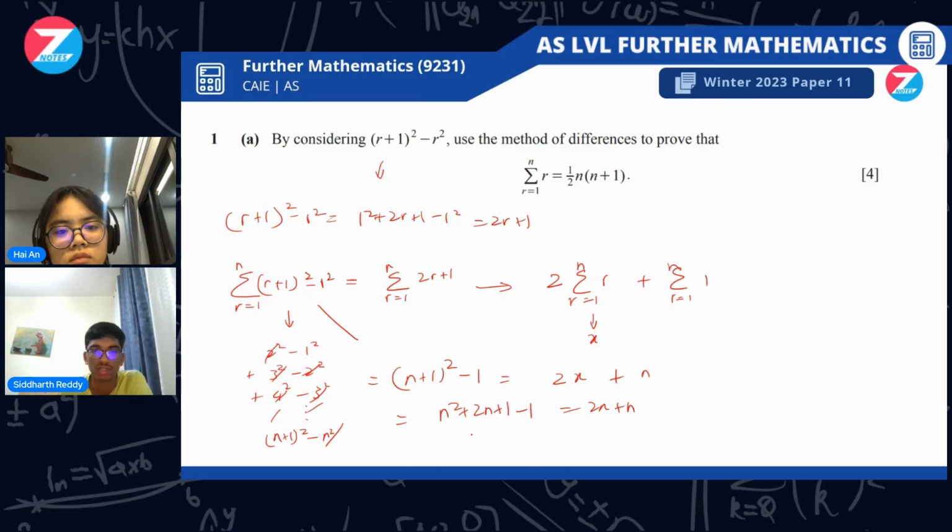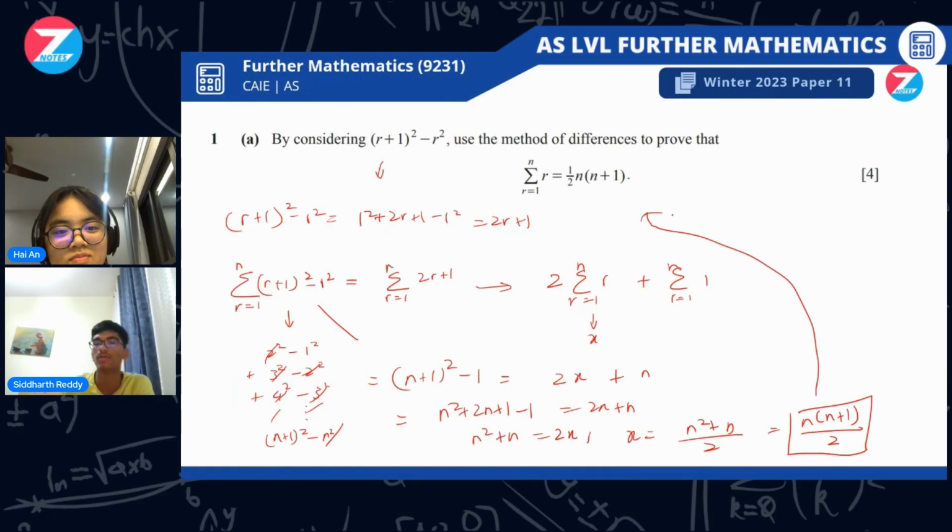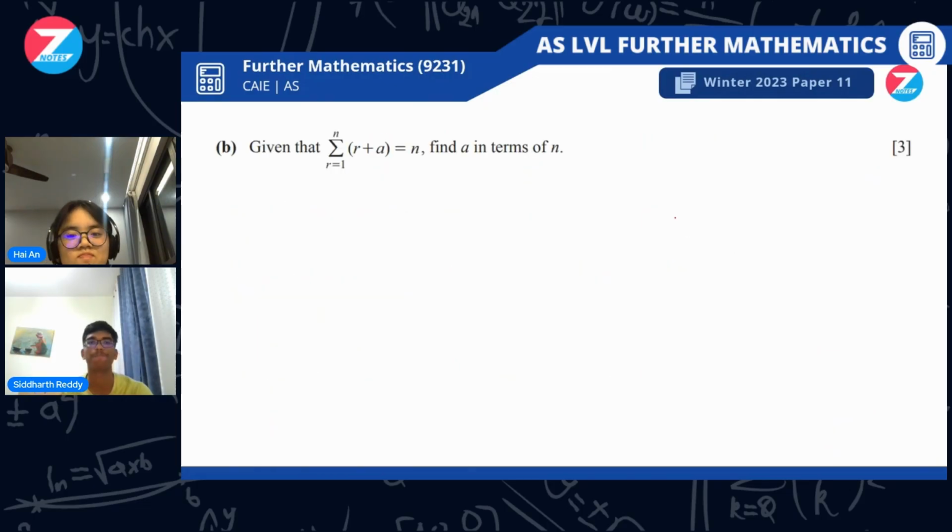Shifting the n to this side, it becomes n² plus n equal to 2x. So x is n² plus n over 2, or n(n+1)/2, which is what we have here. So that's the first question.